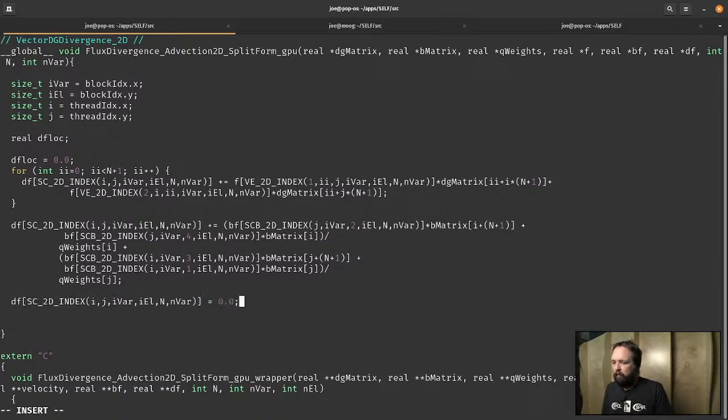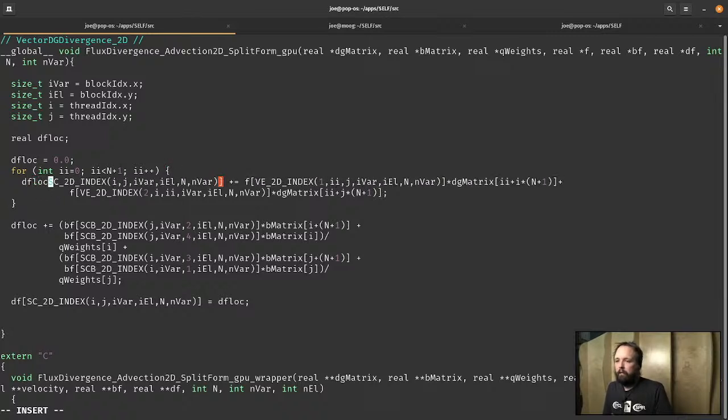Whoops, what I actually want is that. We're going to repeat that process. I should probably go back and clean that up on the Lagrange CUDA kernels, or HIP kernels. All right, dfloc. So again, we'll go ahead and do that here. So I've got dfloc, dfloc.